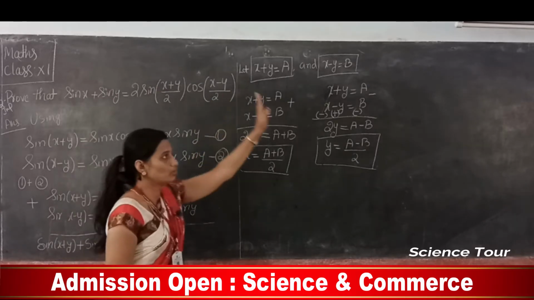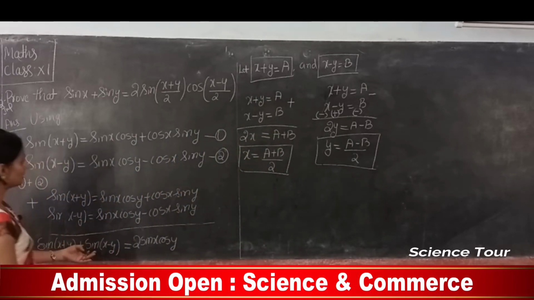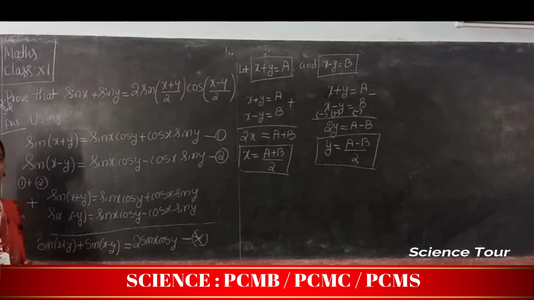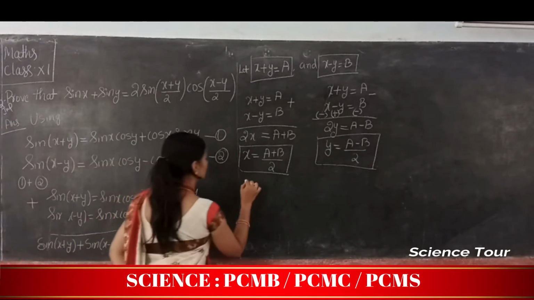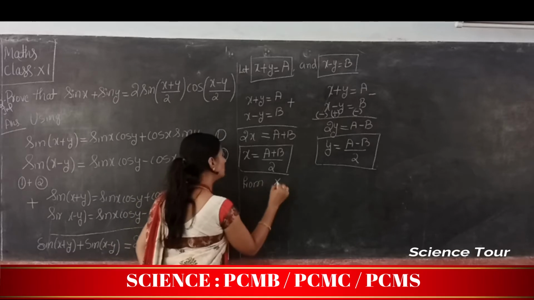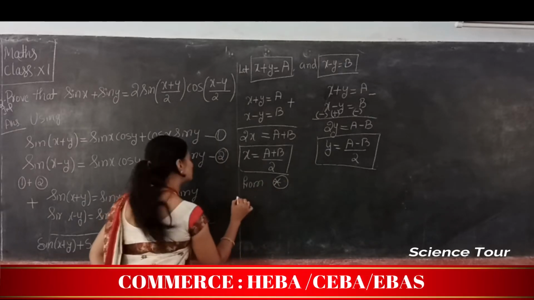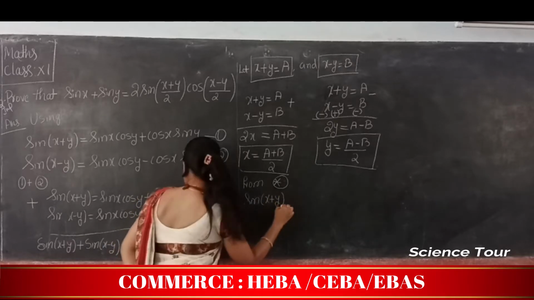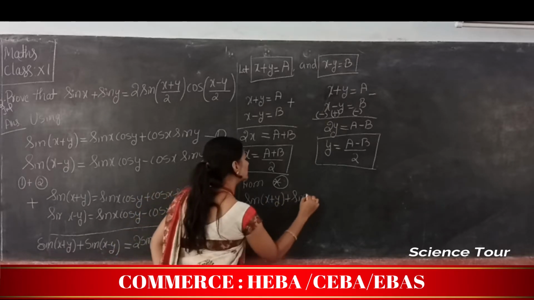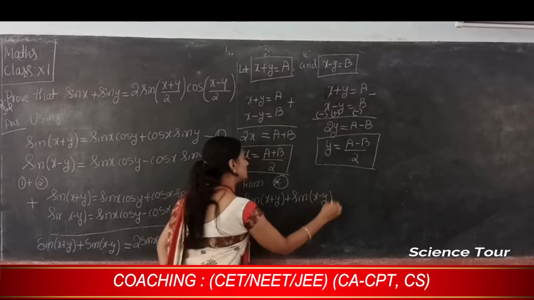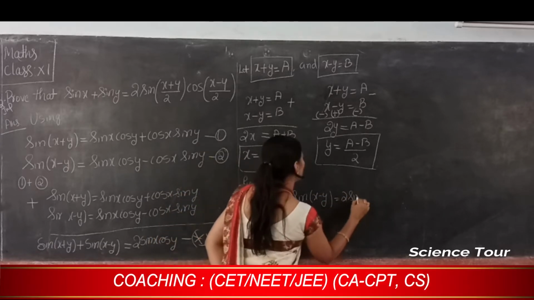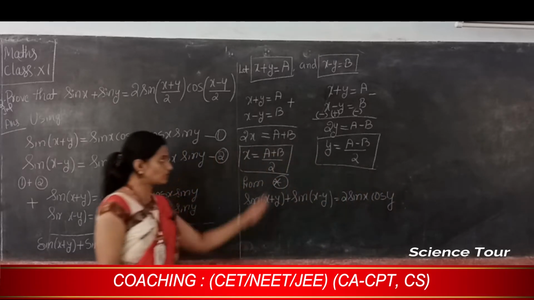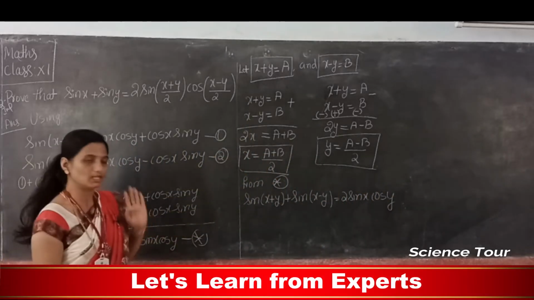Now substitute those 4 boxes in this equation. I'll take it as a star. So the star is sin(x plus y) plus sin(x minus y) is equal to 2 sin x into cos y. Now substitute those 4 boxes in this one.